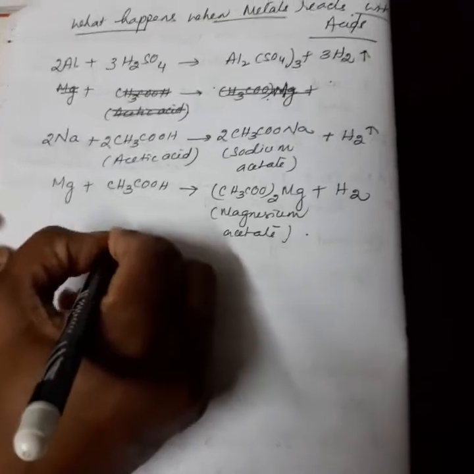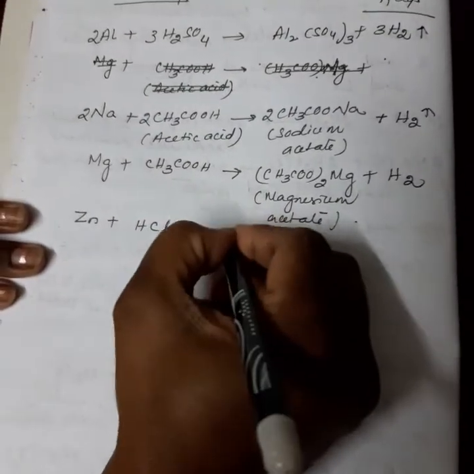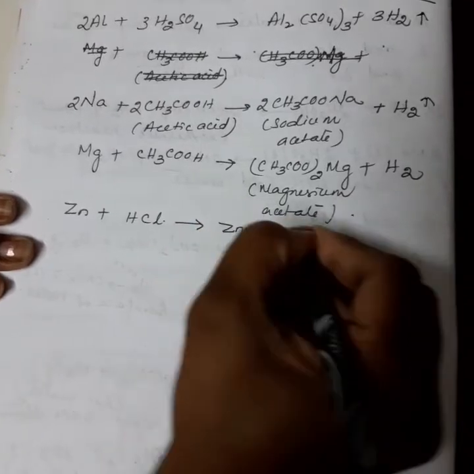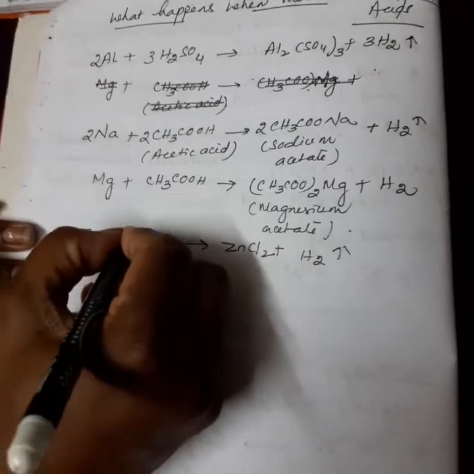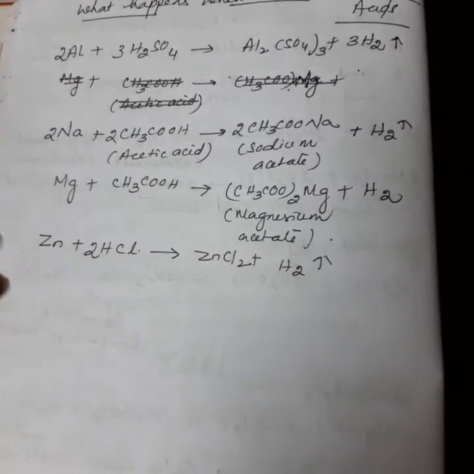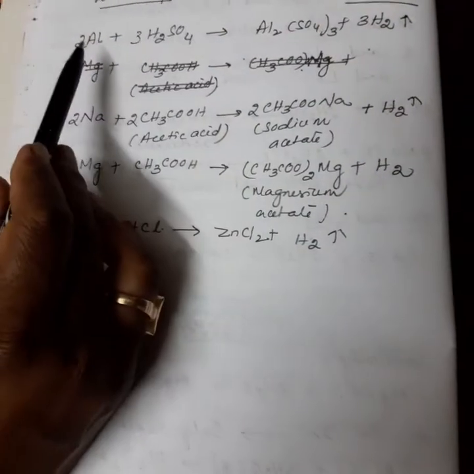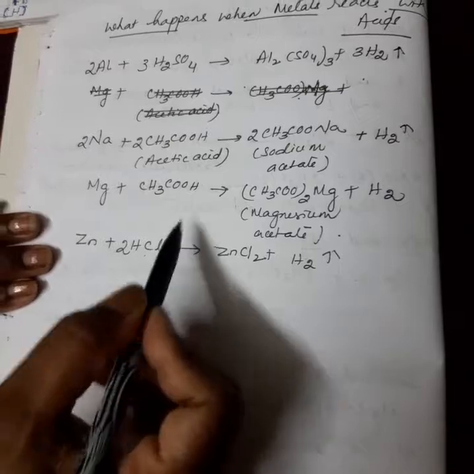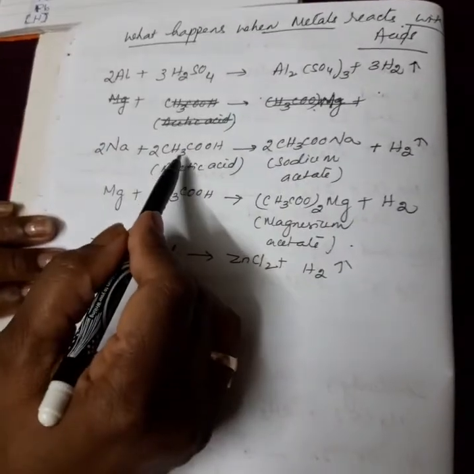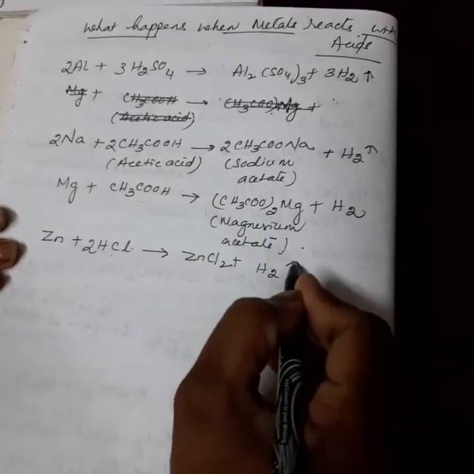Zinc when it reacts with dilute hydrochloric acid will form zinc chloride plus hydrogen gas. In all the cases, whether hydrochloric acid, sulfuric acid, or an organic acid like acetic acid, hydrogen gas is liberated in every case.